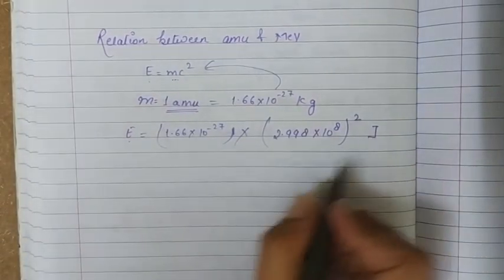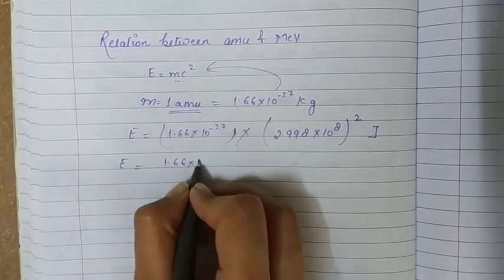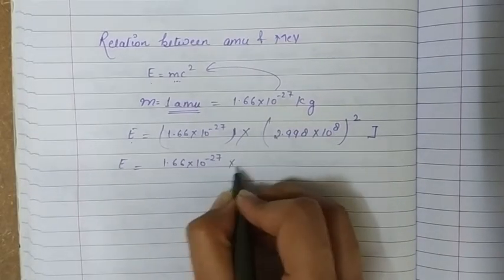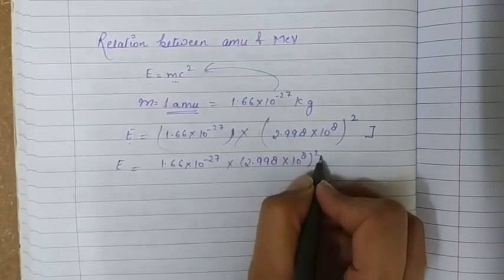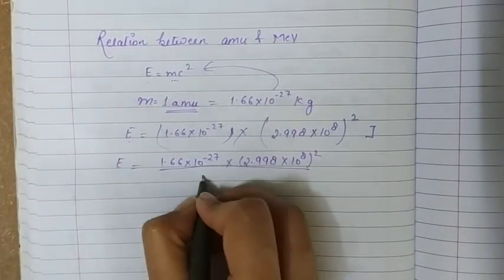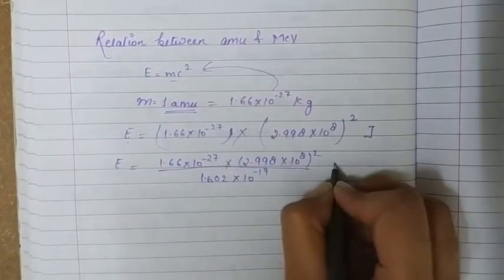Now let's convert it into electron volts. Then we get 1.66 into 10 to the power minus 27 into 2.998 into 10 to the power 8 whole square upon 1.602 into 10 to the power minus 19 electron volts.